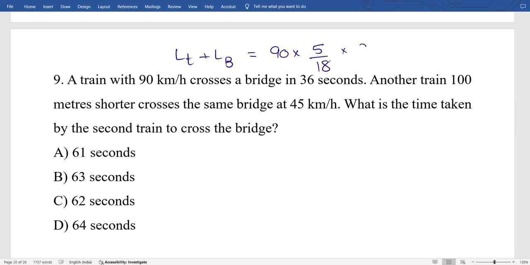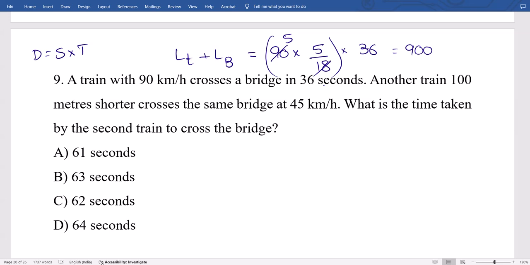We have to convert into meter per second. Distance is speed into time. When train is crossing a bridge, length is considered, and you have to see 25 into 36, which is 900. Okay, that is train length plus bridge length.